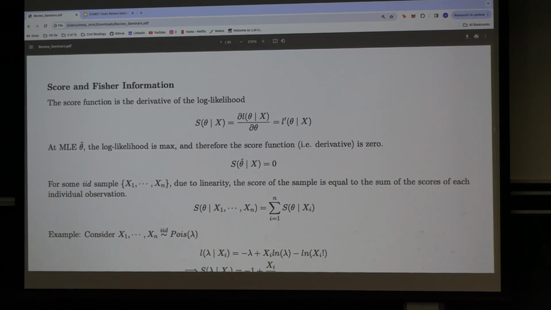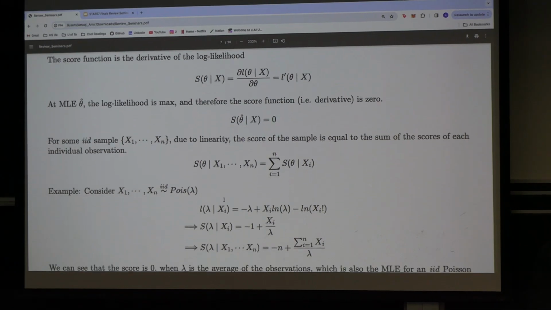The point I want to make is that if you take the derivative of f of x plus g of x, it's just the derivative of each one individually, and then you add them up. So because it is IID, the score of this sample, which is more than one, is just the sum of each individual score. Does that make sense? Great. It's by linearity of the log likelihood, and the fact that you can break your partial derivatives over a linear sum.